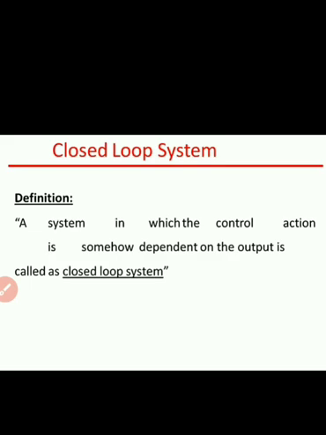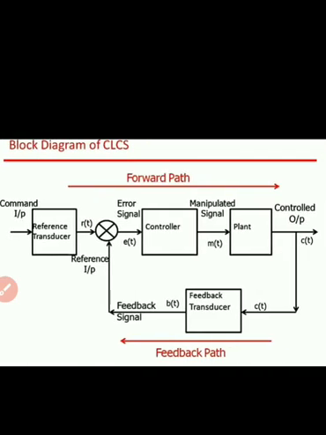The definition of a closed loop control system is a system in which the control action is somehow dependent on the output is called a closed loop system. This is the block diagram of a closed loop control system.